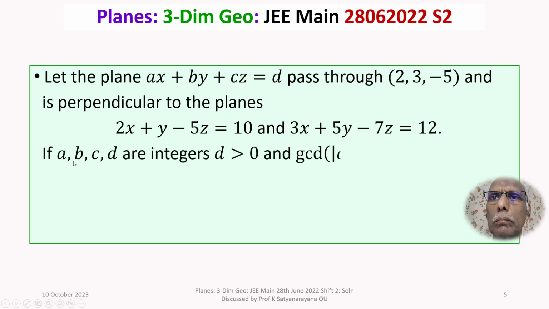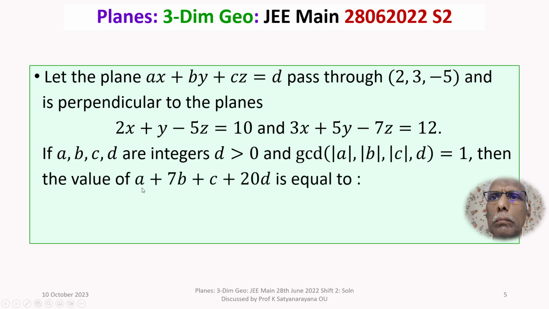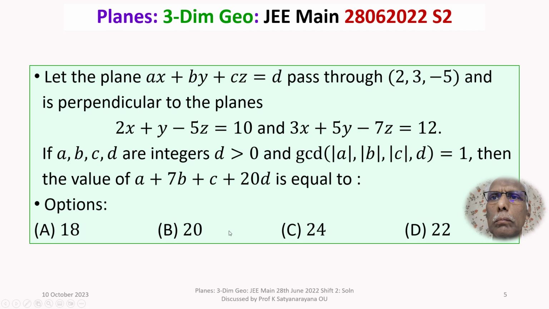If a, b, c, d are integers, d greater than 0 and the GCD of mod a, mod b, mod c, d is equal to 1, then the value of a plus 7b plus c plus 20d is equal to, we are given 4 options, the 4 options are here.